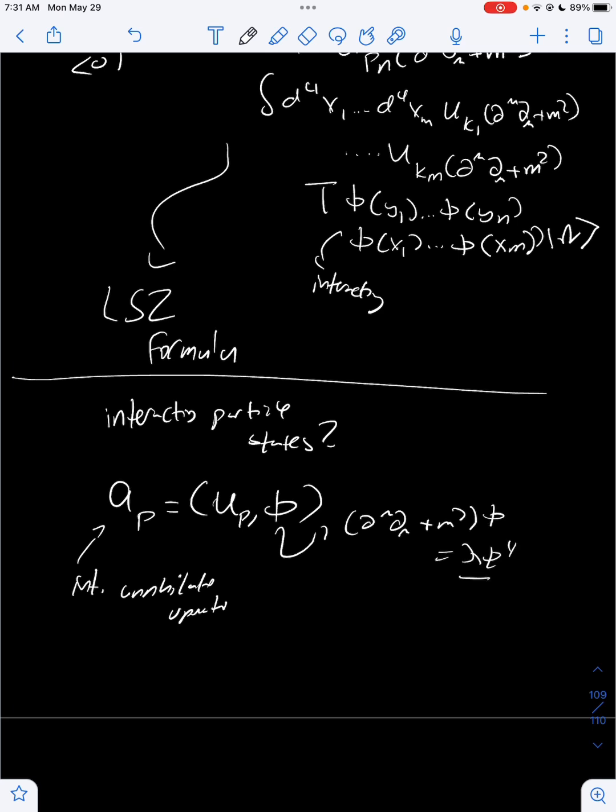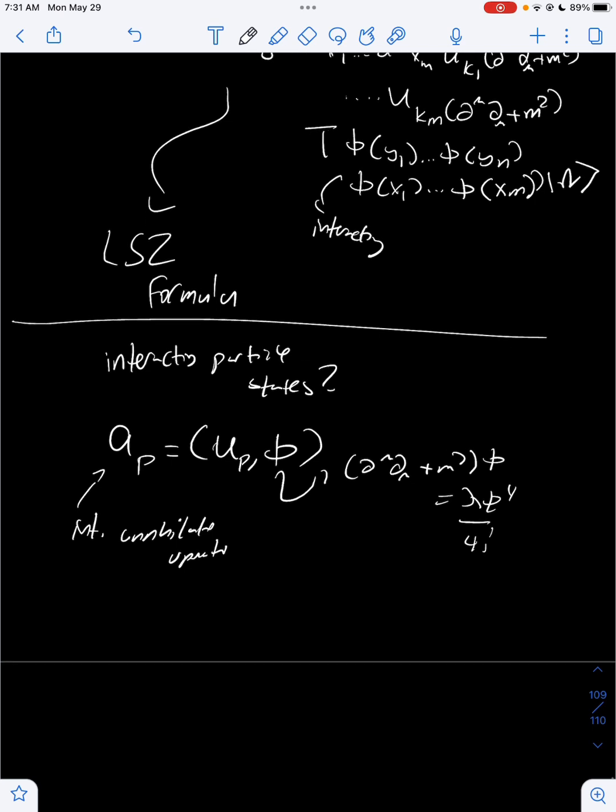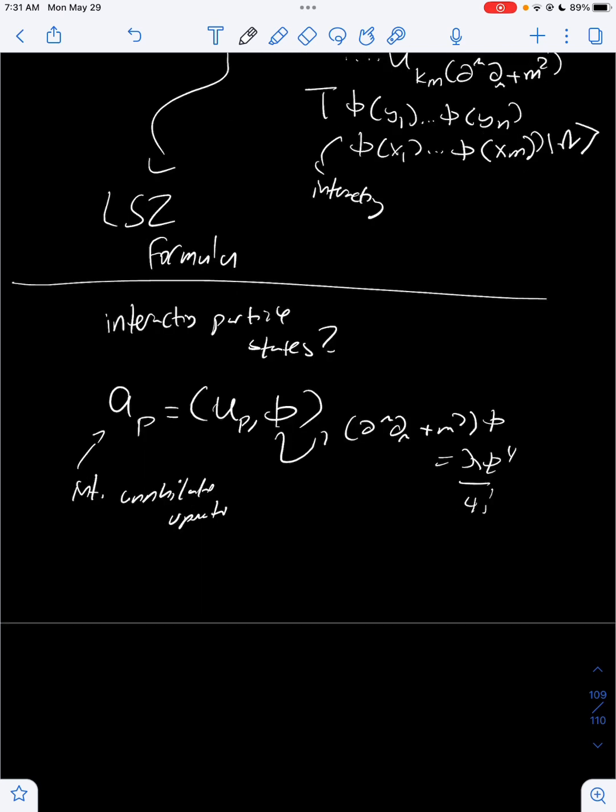I sometimes use the same notation for the interacting field and the free field. This applies for the free field as well, but we can use that to motivate defining the annihilation operator in terms of the interacting field. So if you choose this to be interacting, then this will be interacting as well.